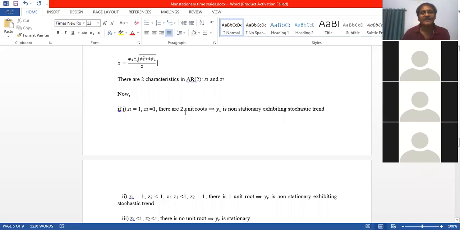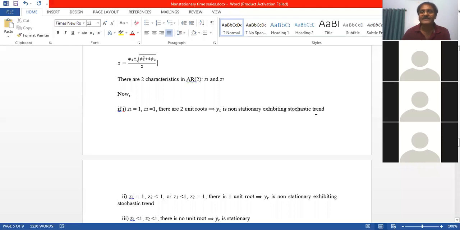And if Yt contains unit roots, it will be non-stationary. We have already shown in the case of AR1, if a series contains a unit root, it will be non-stationary with stochastic trend. So it will also be applicable for AR2. So in AR2, if both roots are equal to 1, the series will contain two unit roots, and in that case, Yt will be non-stationary, exhibiting stochastic trend.